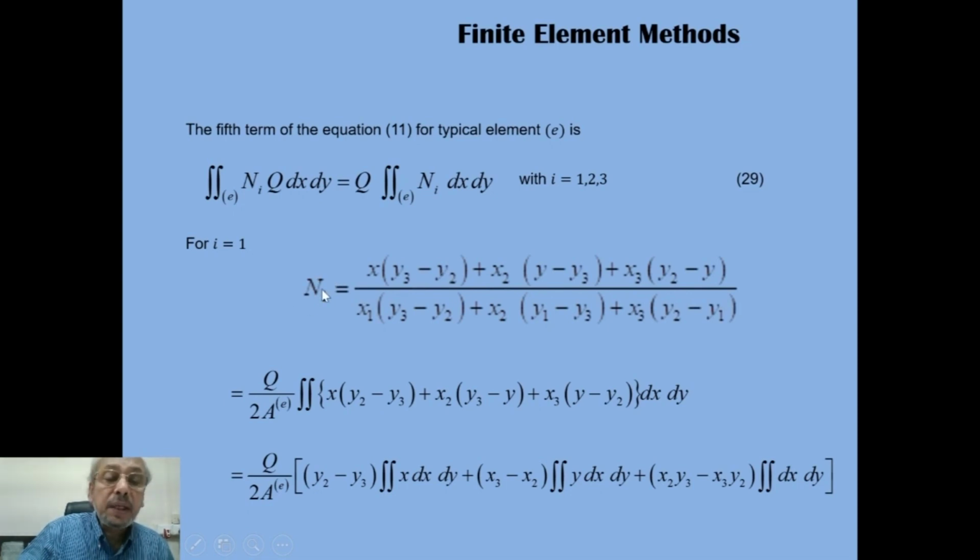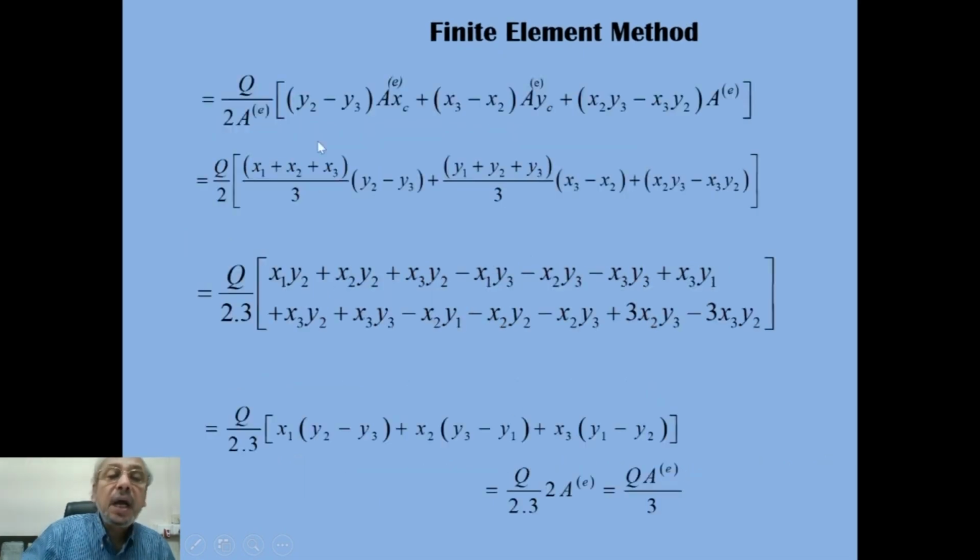So now N1 is this, and when we are integrating, this is basically twice the elemental area going out of the integration, and we can rearrange the integration this way, and then we can perform the integration and we get a value q.